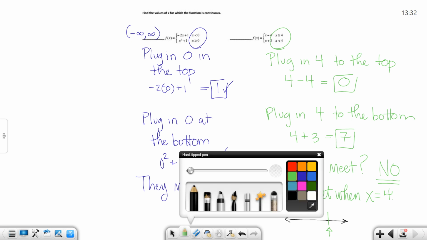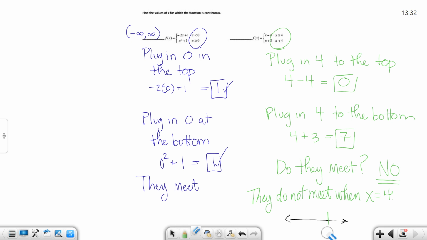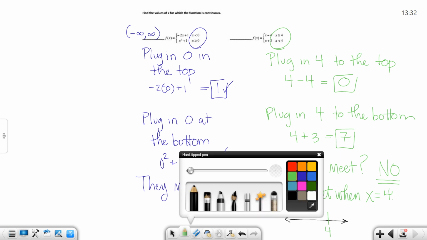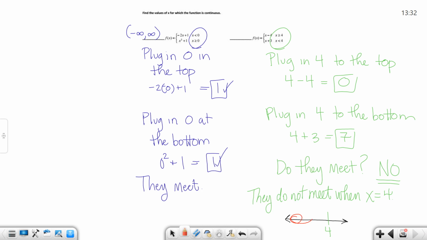Let me see if I can clean that up just a little where you can read it. There we go. That means they'll work for all of these numbers, and they'll work for all of these numbers. They just don't work at 4. So your answer would be negative infinity to 4, union 4 to infinity. Okay, and that's how it would look.